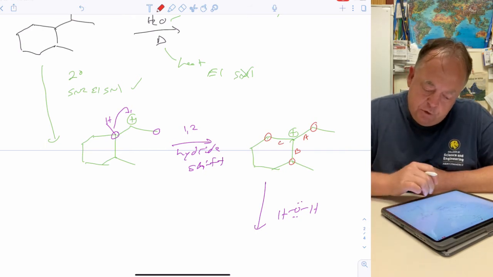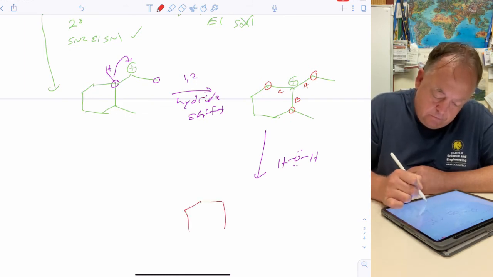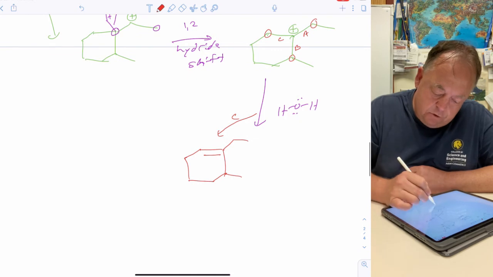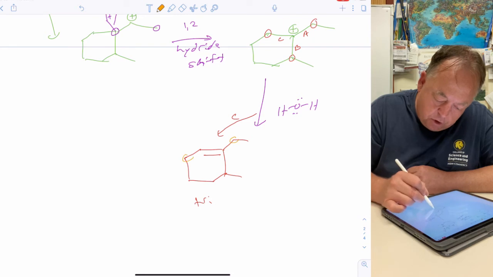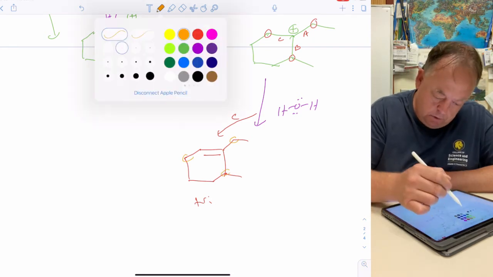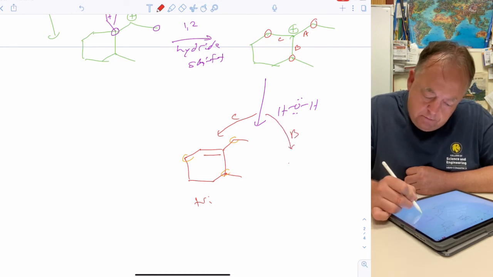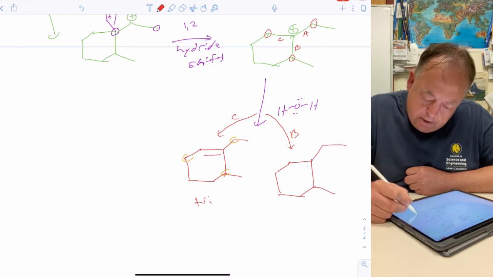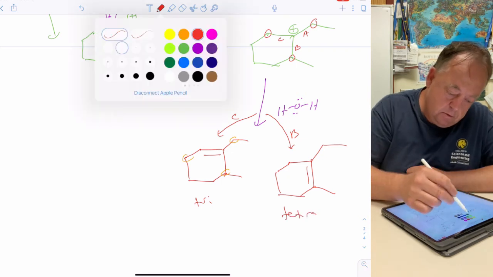So which one is going to lead to a more substituted alkene? If we follow pathway C, the double bond there, that's going to give you a trisubstituted alkene, right? Because that carbon, the double bond has 3 carbons attached to it. If we follow pathway B and put the double bond here, that's going to be tetrasubstituted, right?